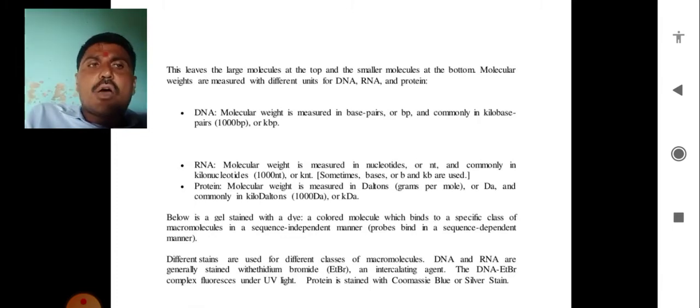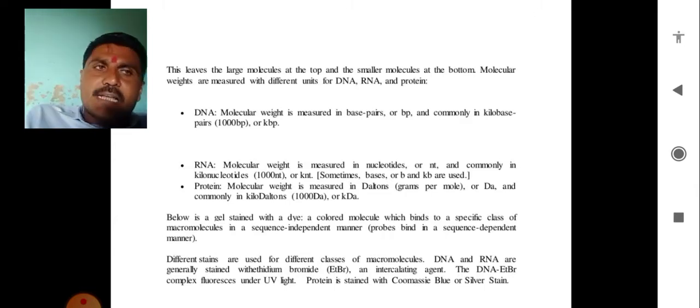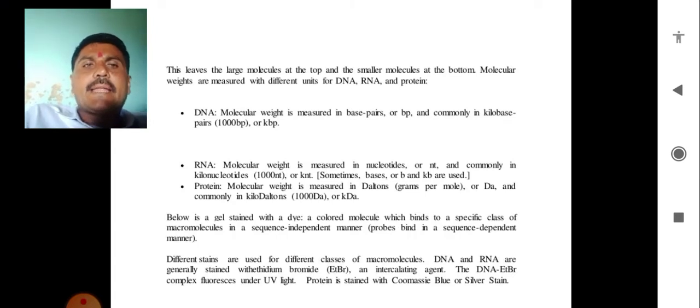Sometimes bases or b and kb are also used. Proteins are measured in daltons, that is the molecular weight is in daltons, grams per mole, and commonly in kilodaltons, 1000 daltons. So these are the units used to measure DNA, RNA and proteins.